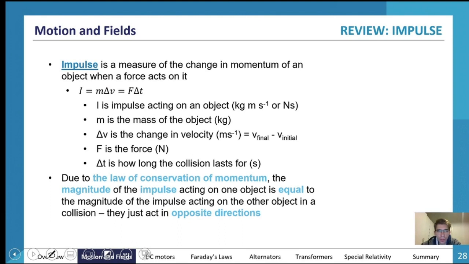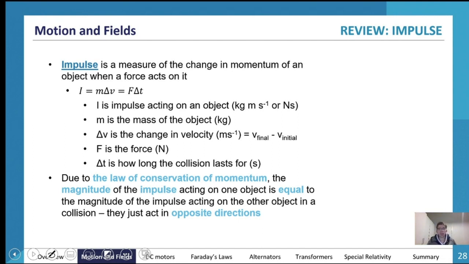Now let's talk about impulse. Impulse is a measure of the change in momentum of an object when a force acts on it. Impulse is equal to mass multiplied by change in velocity, and force multiplied by time.